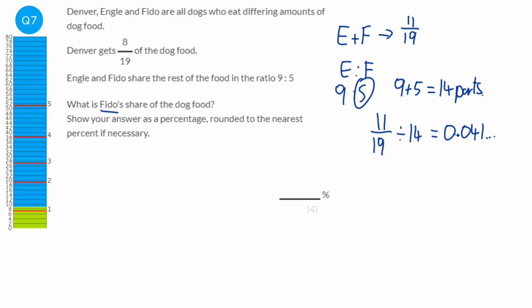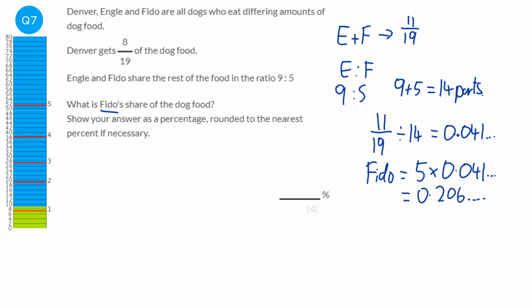Well, Fido has 5 parts, each of them worth 0.041 and so on. I've kept it in my calculator to keep the accuracy, and when I do that I get 0.206 and so on. Now we're asked to work it out as a percent, so I'm just going to times that by 100.